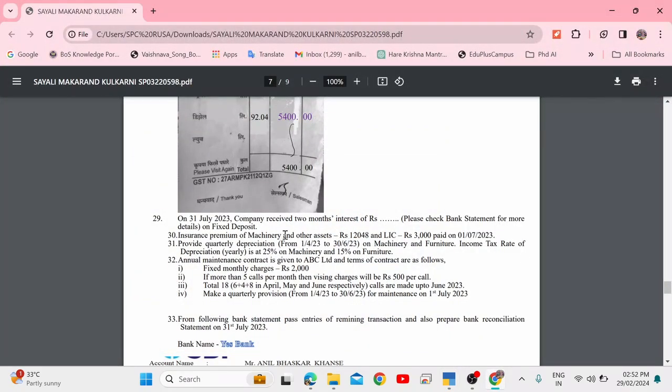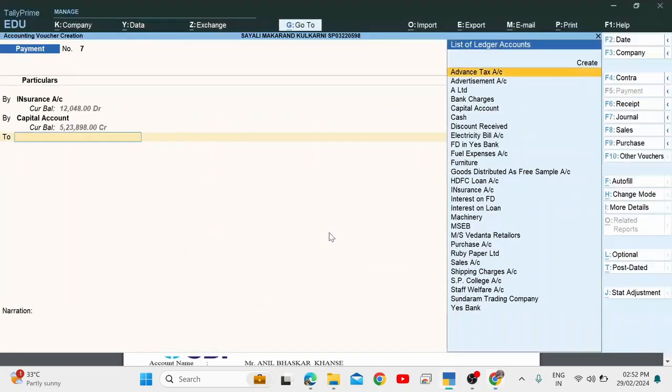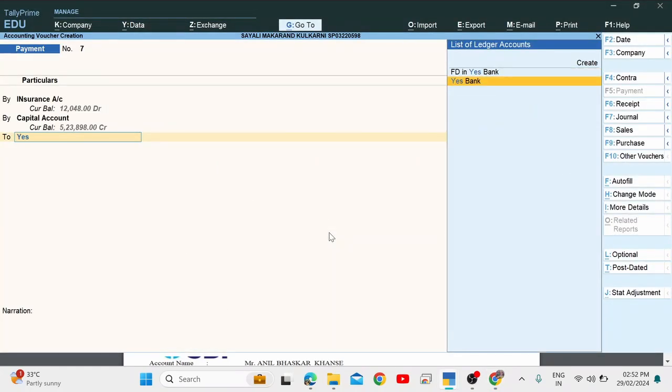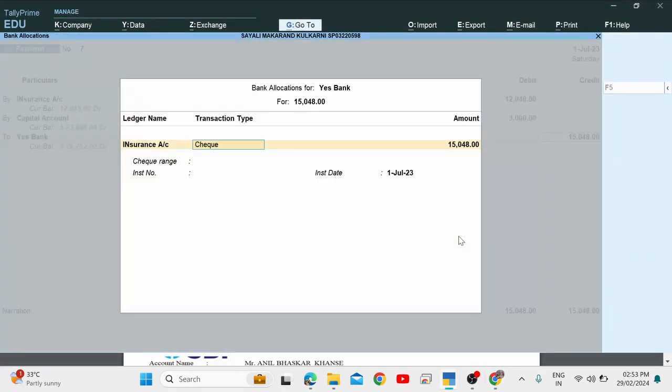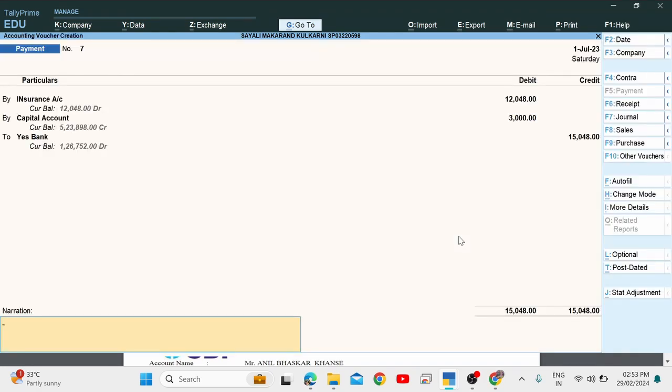You paid it generally through bank only, therefore select bank. 99% of the time, because by paying in cash you will get legal complications, therefore pay through bank only. Accepted.